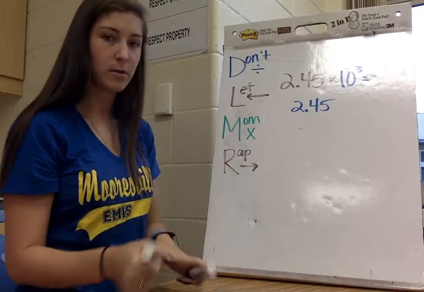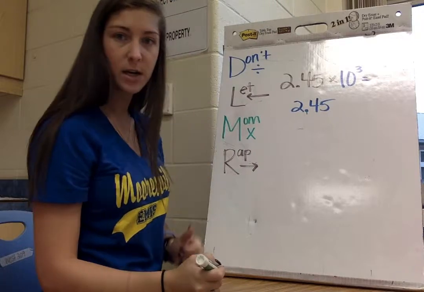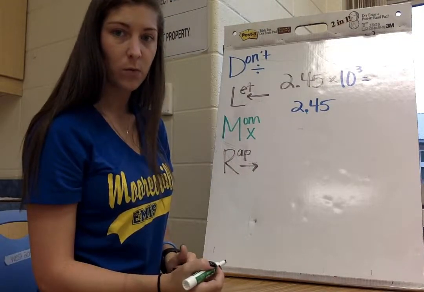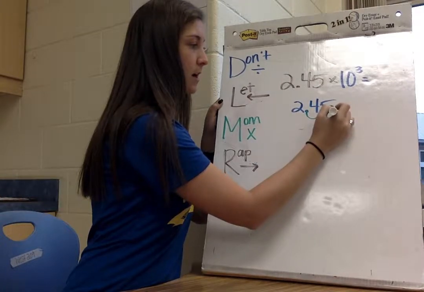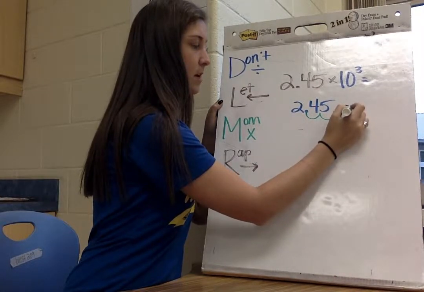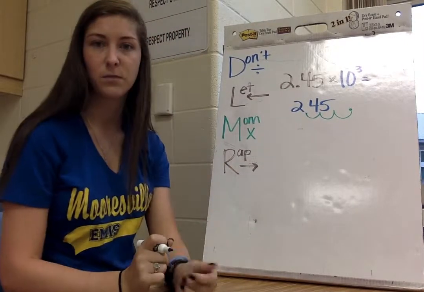So with my green marker, I'm going to start at the decimal point. You must start at the decimal point when you're moving. I go once, twice, 3 times. Here is my new decimal. I can now erase that decimal.